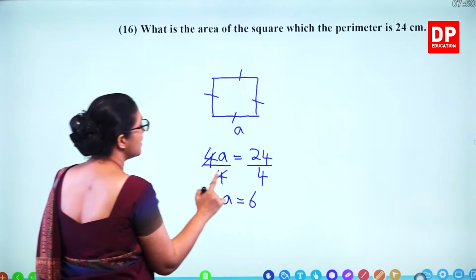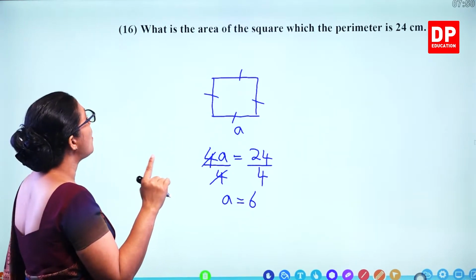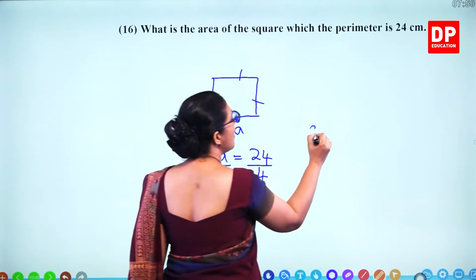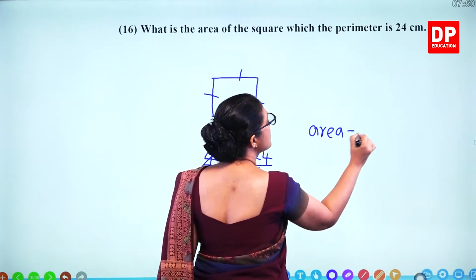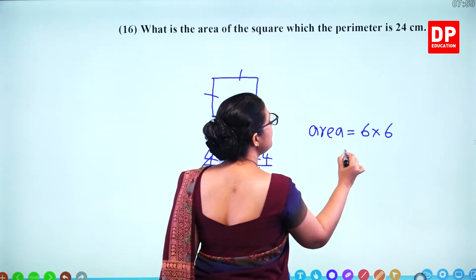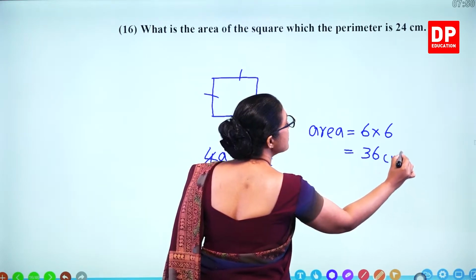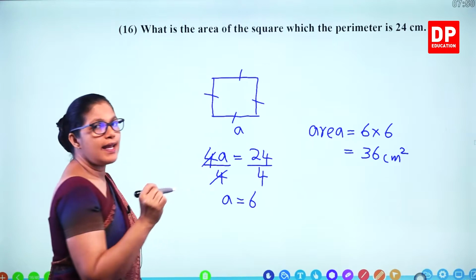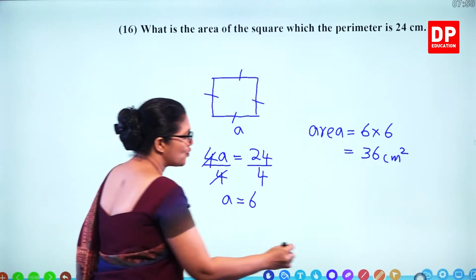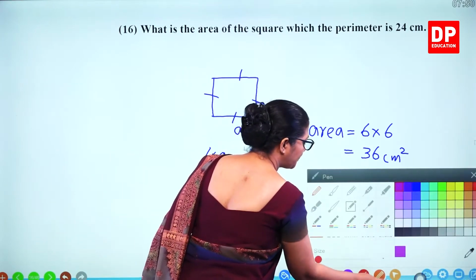That's 6. So one side is 6. So what's the area of the square? Area becomes 6 times 6, length into length. 36 square centimeters is the area of the square. So 2 marks for that.